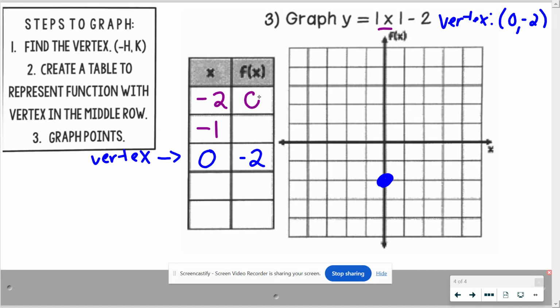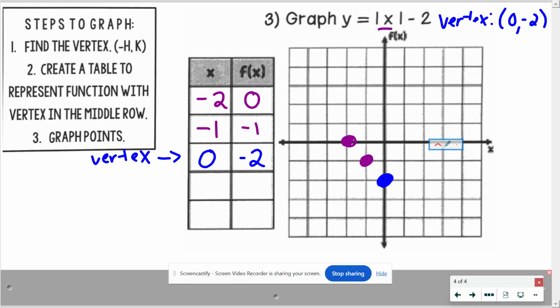So we end up with -2, comma 0. When we substitute in the x value of -1 into our absolute value sign, we have the absolute value of -1, which is positive 1. Now positive 1 minus 2 is then -1. So we're now going to plot -1, comma -1.